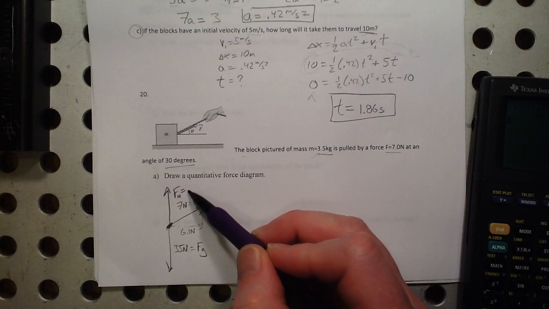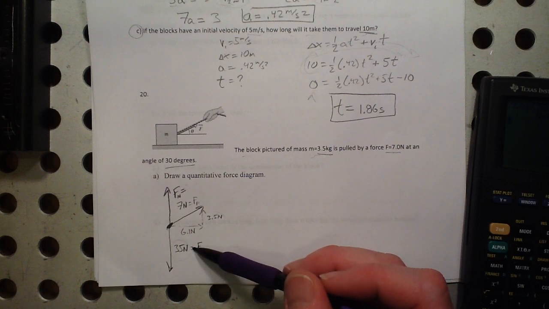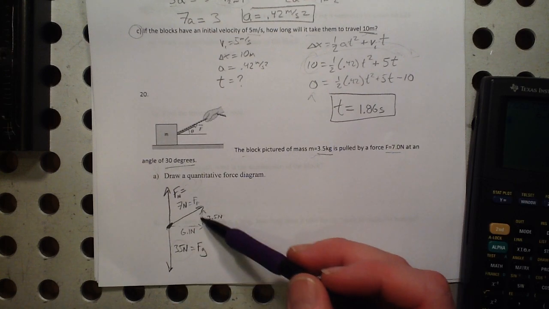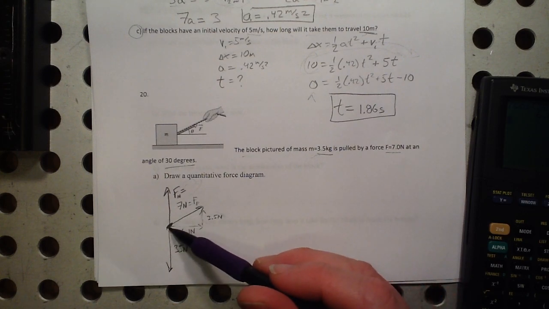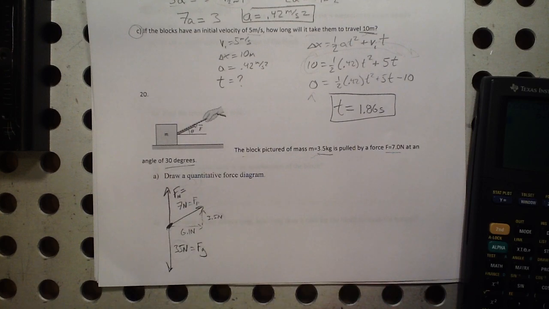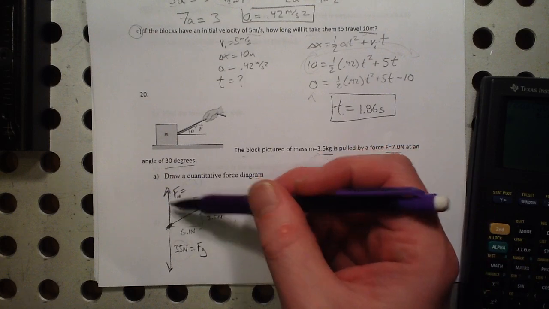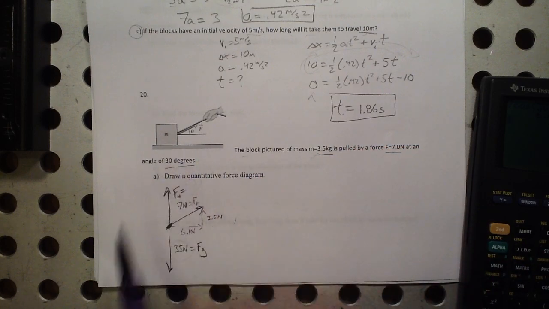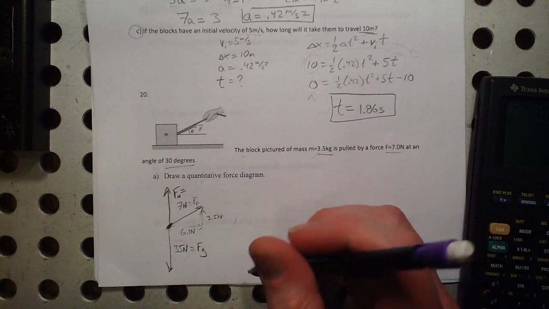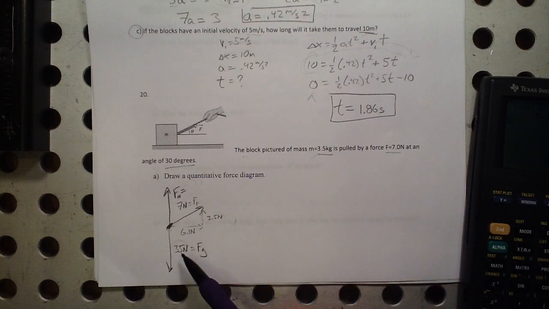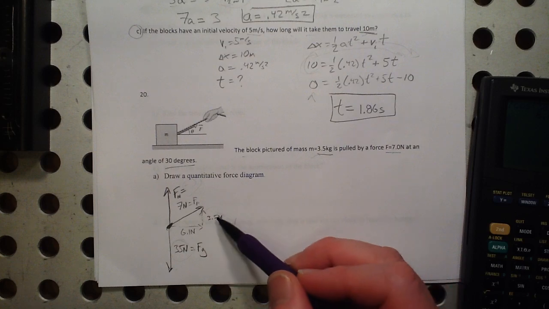I know the ups and downs are balanced because it's a box, right? And boxes don't float up into the air, at least not usually. So this is 35 down, this is 3.5 up, so this only has to be 31.5 newtons of normal force, so that the two ups balance the down. Okay?